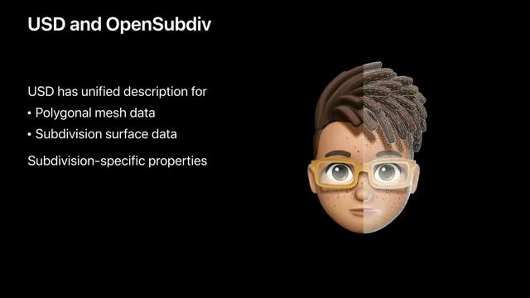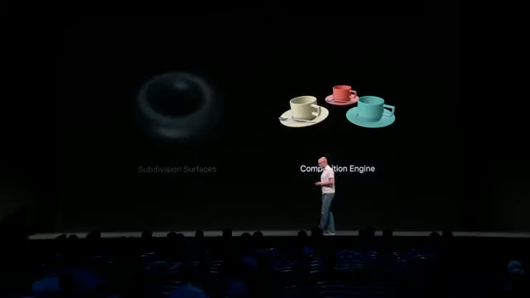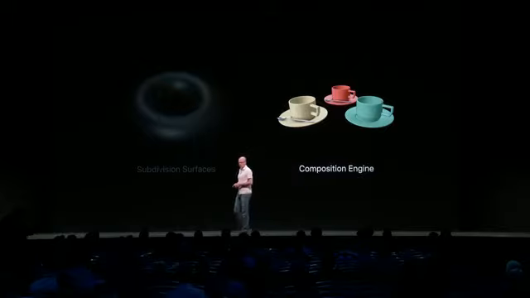And of course, USD has great support for subdivision surfaces, and it works beautifully with OpenSubdiv. In fact, USD has a unified description for both polygonal mesh data and subdivision surface data. It also has support for subdivision-specific properties, such as creases or corners. So that concludes subdivision surfaces, a great and efficient way to store high-quality surfaces.